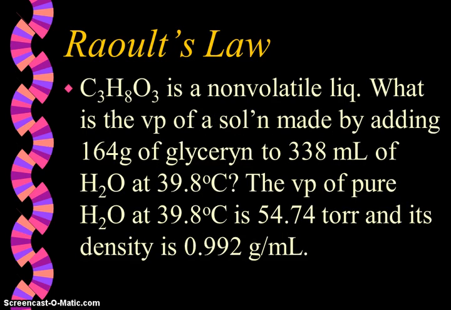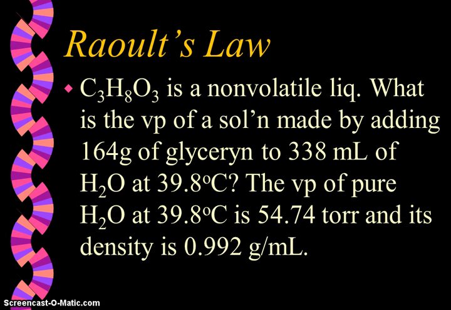Now let's look at a problem again. Let's say that we've got C3H8O3. It doesn't matter what that is, but it tells us it's a non-volatile liquid. What is the vapor pressure of the solution made by adding 164 grams of this glycerin to 338 milliliters of water at 39.8 degrees Celsius?